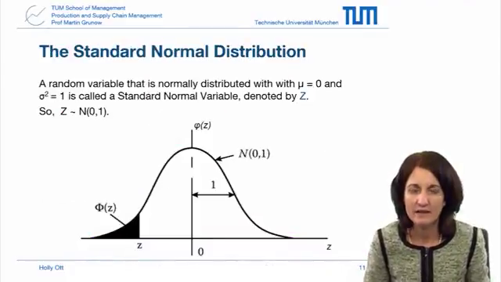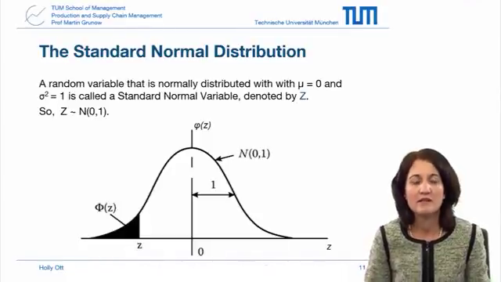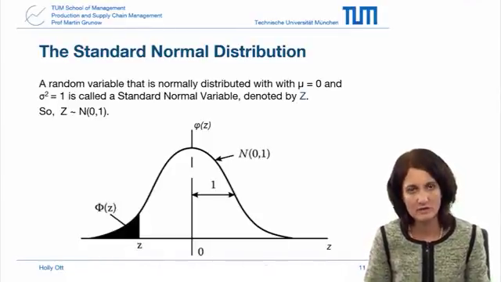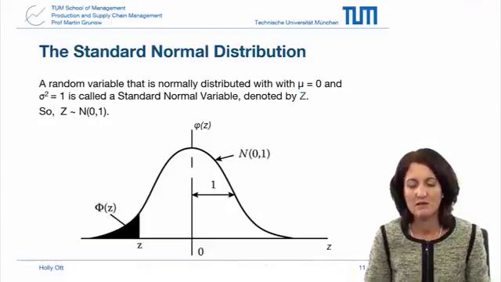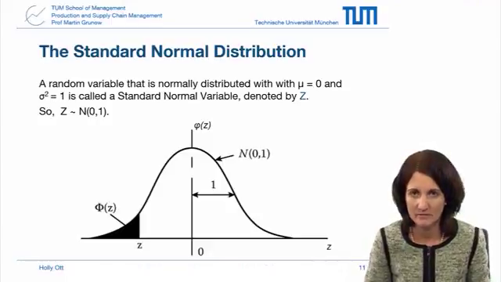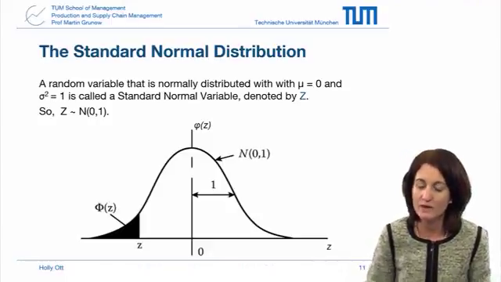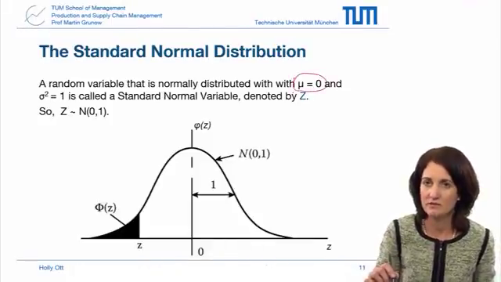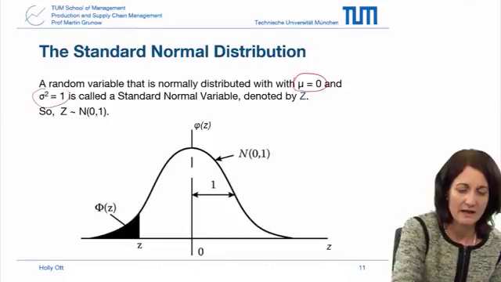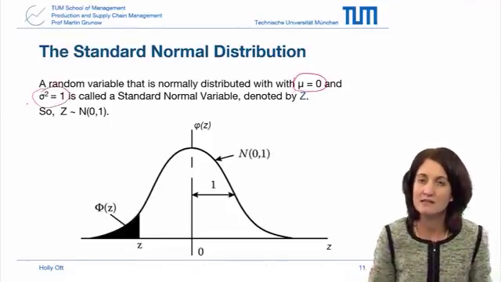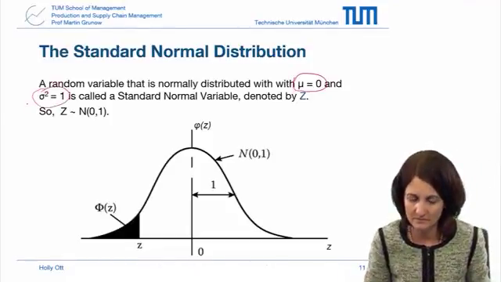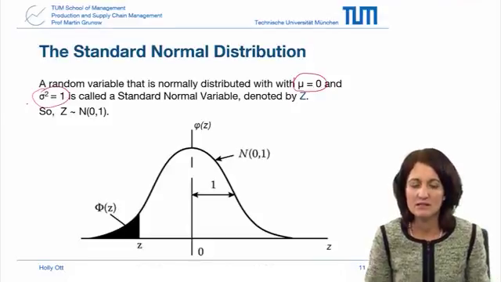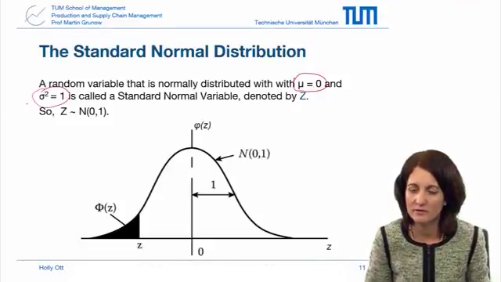Let's look at the standard normal distribution. This will help us. If we have a random variable which is normally distributed with the mean equal to 0 and the variance equal to 1, this is called a standard normal variable.